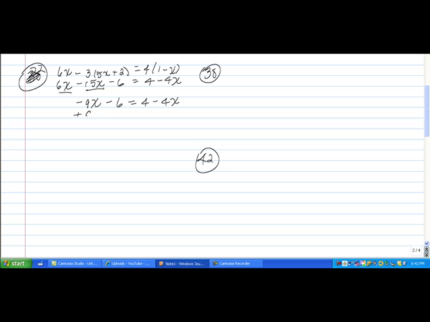Now let's get the x's together on the same side. So I'm going to add 9x to both sides. Negative 6 equals 4 plus 5x. Subtract 4. Negative 10 equals 5x. x equals negative 2.